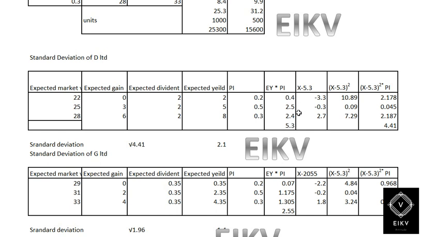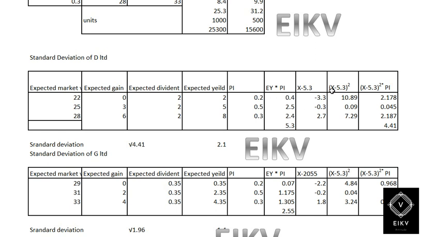So x minus x bar would be 2 minus 5.3, which will give you negative 3.3, and 5 minus 5.3 will give you negative 0.3, and 8 minus 5.3 will give you 2.7.